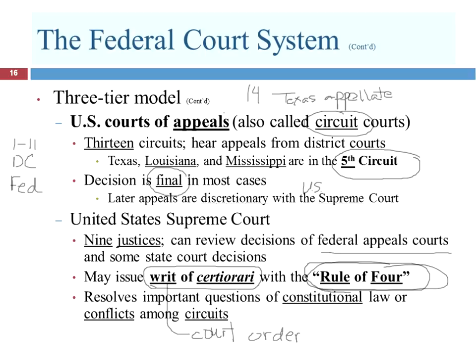There might be another justice who looks at the case and goes, I think the Fifth Circuit did an amazing job, and I think this ought to be the law in all 50 states. So I want this opportunity to agree with the Fifth Circuit. You can see those 2 justices have a very different take on the case, but they might both vote under this rule of 4 to hear the case. And so it doesn't necessarily mean that the 4 justices are on the same side when they vote together.